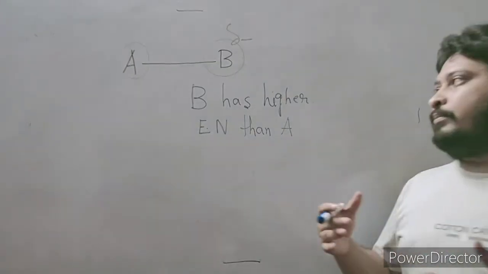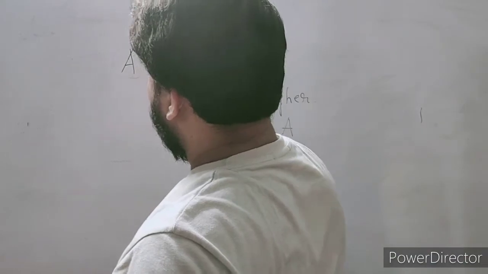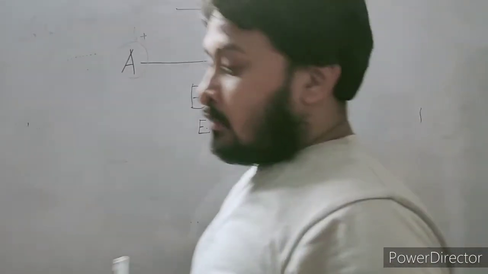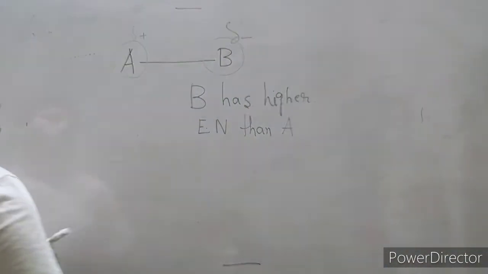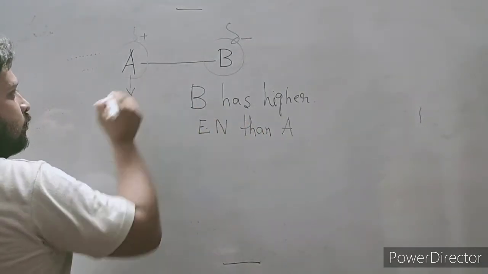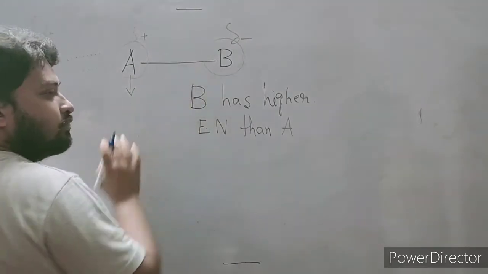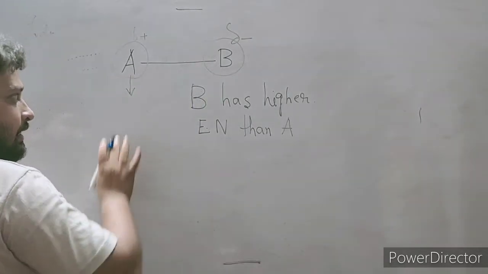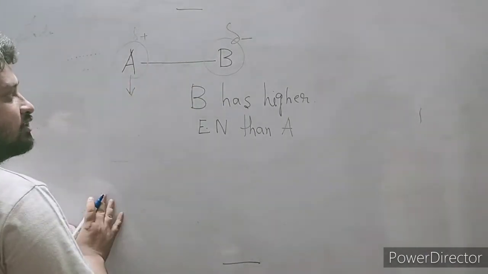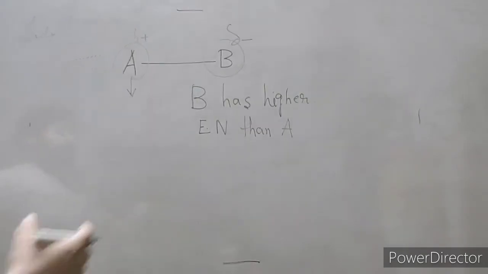And the other one can show delta positive. So in that case, we can easily say that A pushes the electron towards B, and B pulls the electron towards itself.